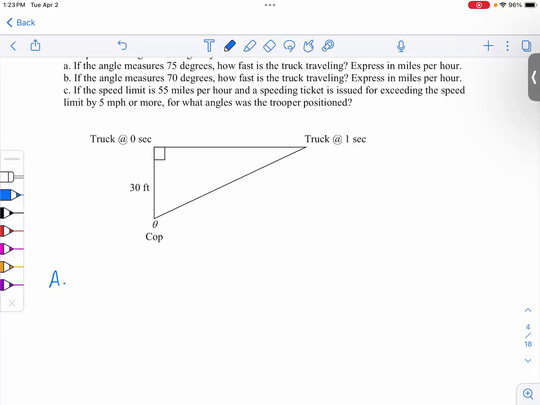So we are told the angle is 75 degrees. And we're looking for x every time because I want to see what that distance is. Once again, what relates this angle, that side, and that side? Oh, look, it's tangent again.